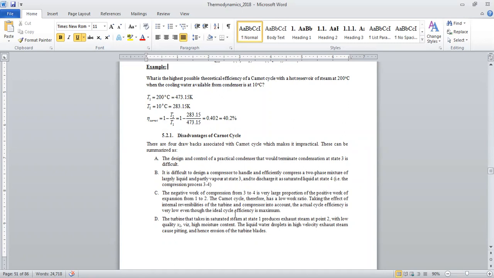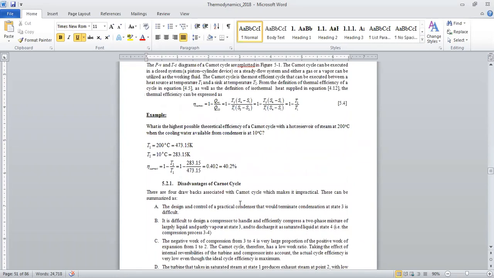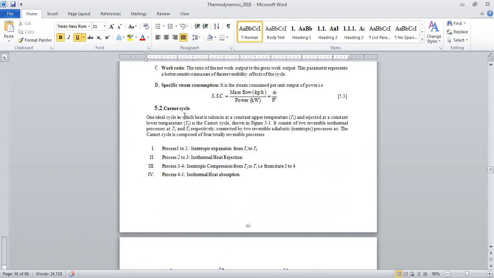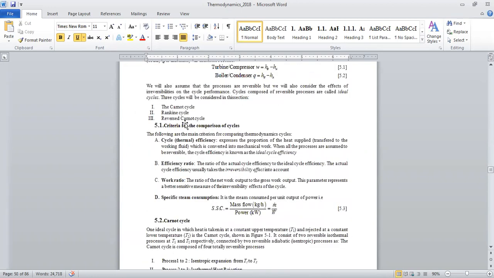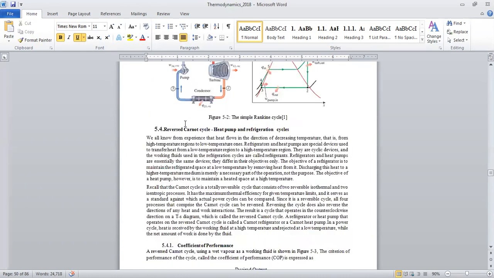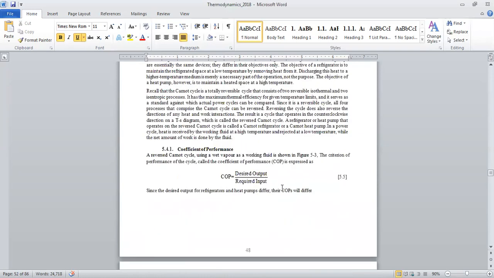Okay, disadvantages of this. I think you know this very well. So please go through this Carnot cycle, the vapor power cycle. Okay, Carnot cycle, and then you have the Rankine cycle. Okay, Rankine cycle, we have learned this.